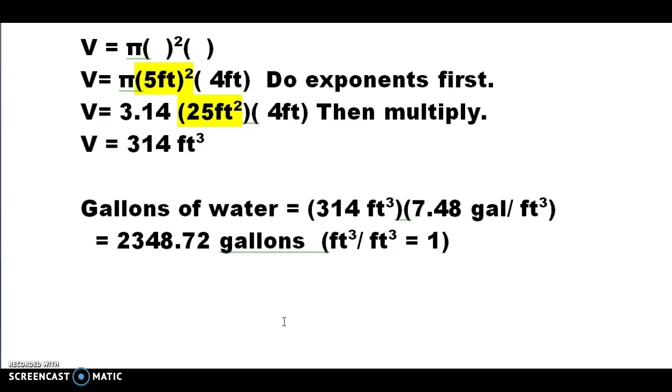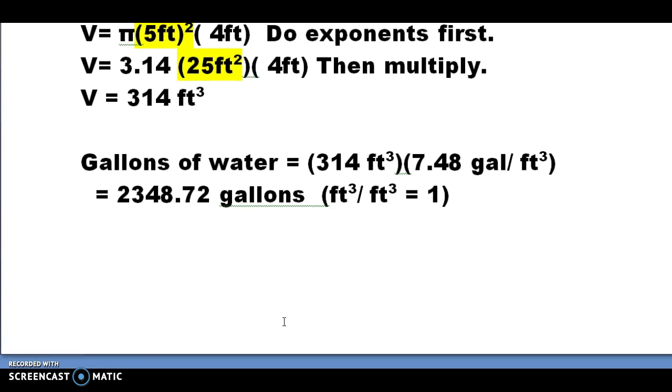The feet cubed divided by the feet cubed cancels each other out and equals 1, just leaving us with gallons. So our answer then is 2,348.72 gallons. There's an example on your homework that is very similar to this, so I would recommend going back and looking at this example as you do your homework.